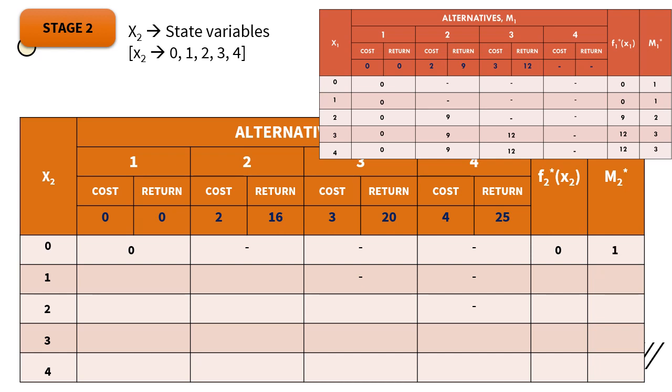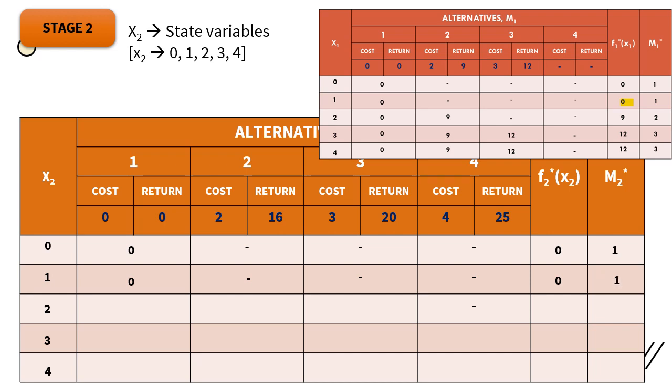If I spend 1 crore, I am not spending in this plant. For the previous plant, if I spend 1, I will get 0. So this will also be 0 here. I can't spend 2 crores here, that will also be 0. So the best is 0 here, alternative is 1.